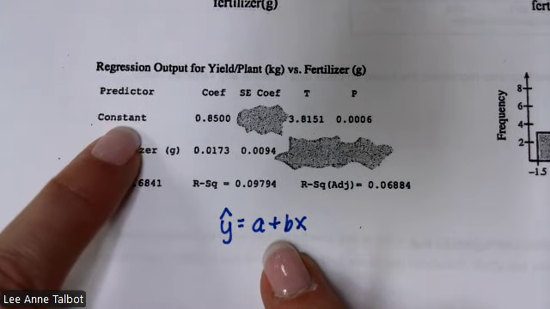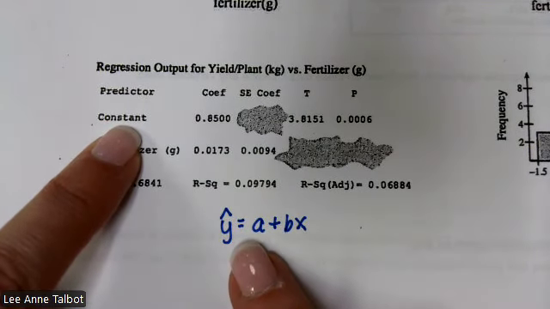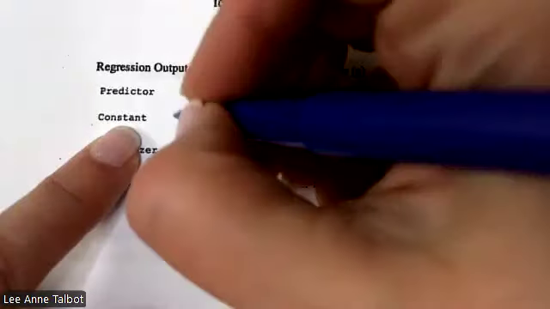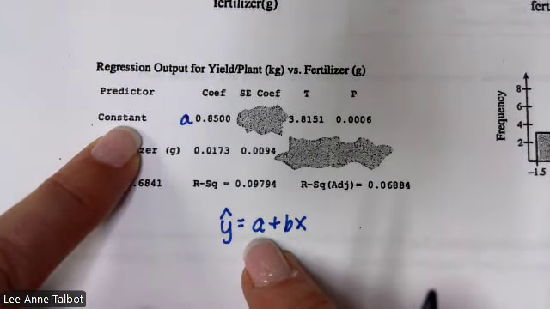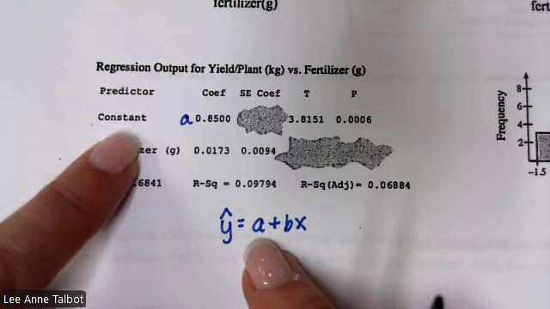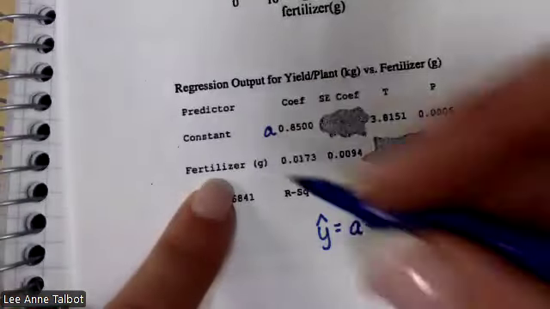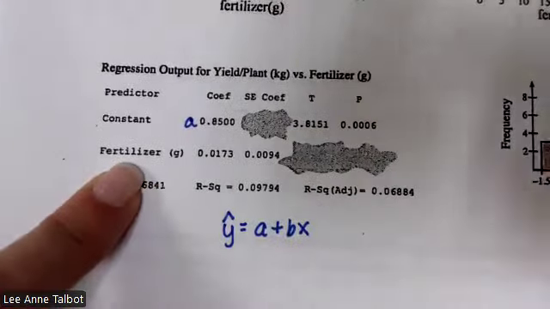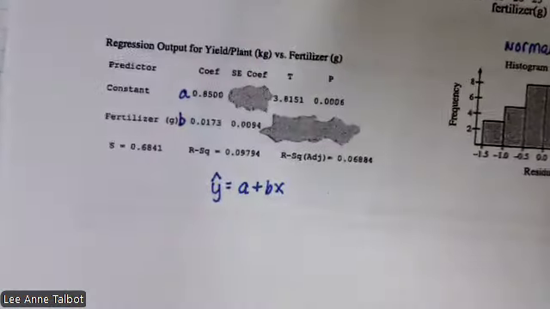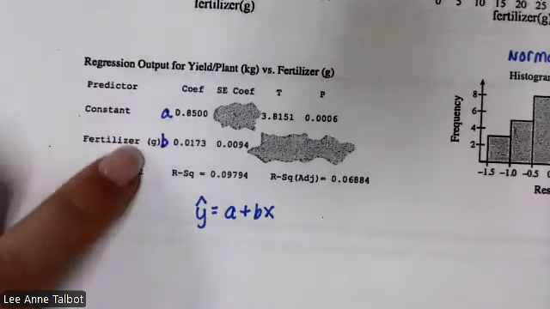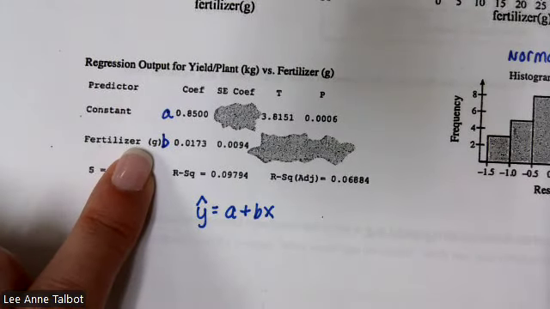The word that has constant next to it, that's a, because it's a constant. Do you see how a is a constant here in the equation? Do you know what I mean by constant? And b is right below it. So a is the top line, b is the bottom line.